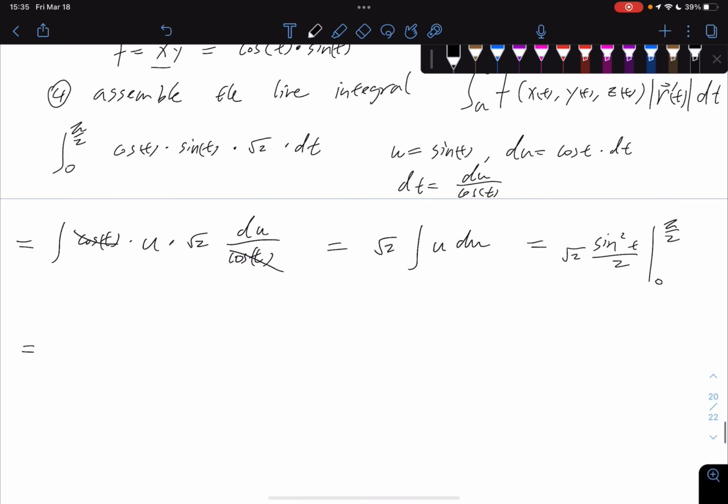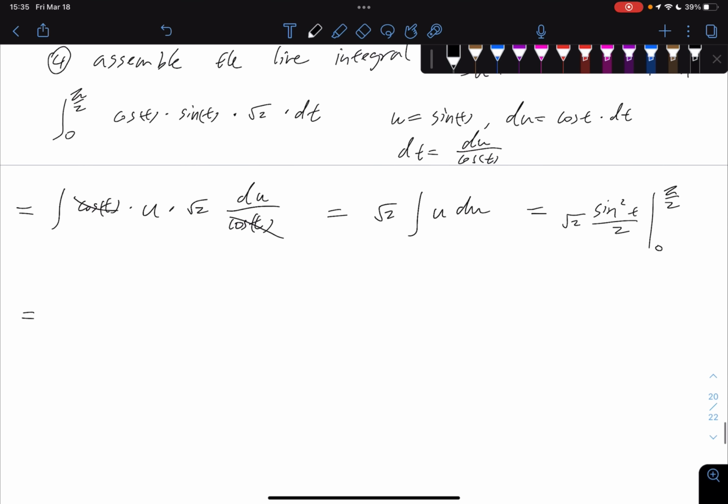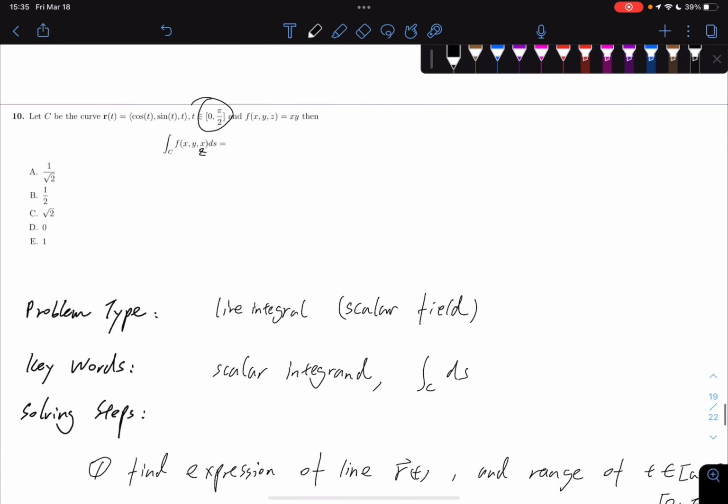We can further simplify that to 1 over root 2 times sine squared of t evaluated from 0 to pi over 2. When t equals pi over 2, sine t equals 1. So that's 1 squared minus 0 squared, which is just 1 over root 2. And that's the answer for question number 10.